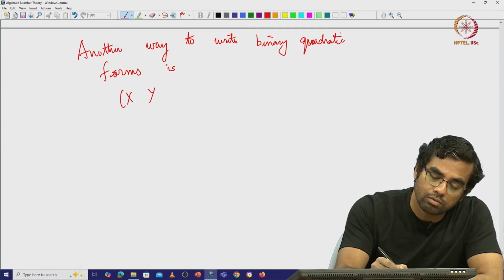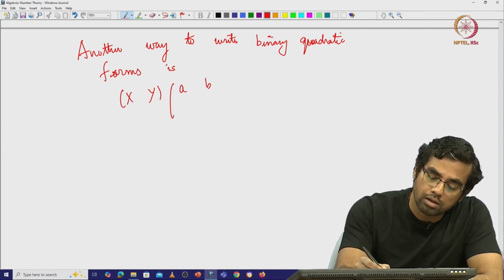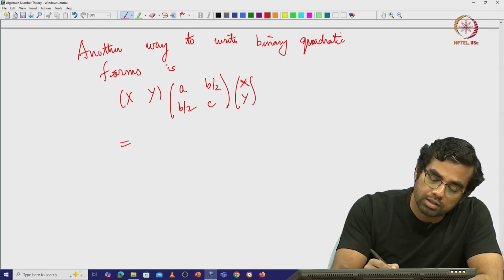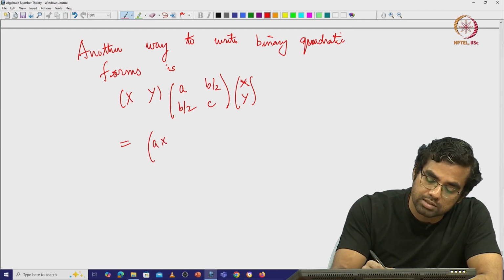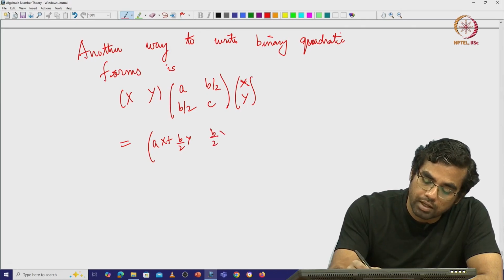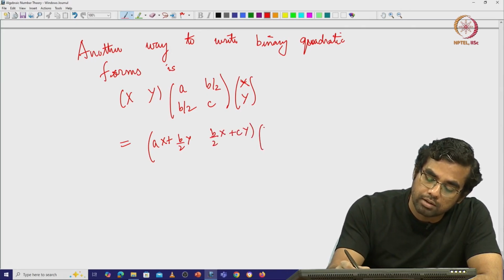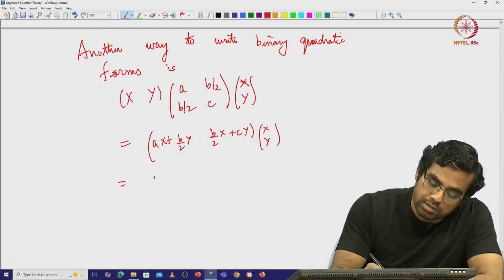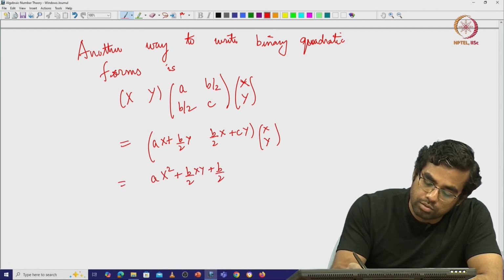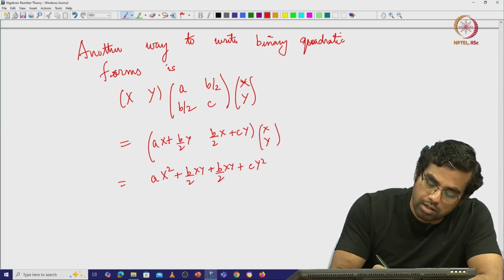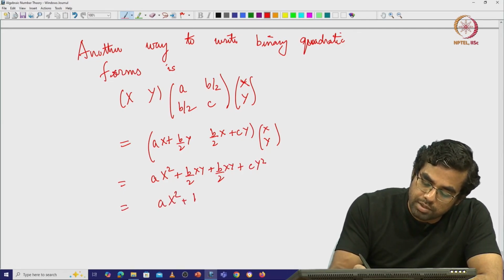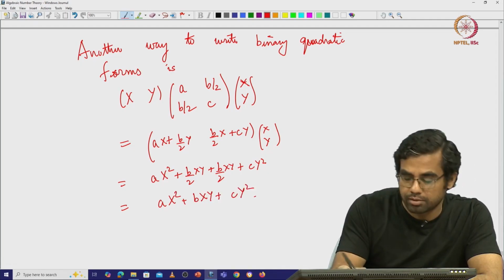You take (x, y), then the matrix (a, b/2; b/2, c), and then (x, y) again. If you look at this matrix multiplication, this is ax + (b/2)y, and (b/2)x + cy, times (x, y), which is ax² + (b/2)xy + (b/2)xy + cy², which is ax² + bxy + cy².